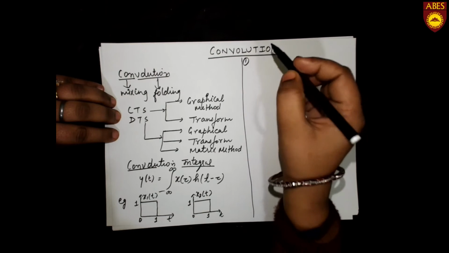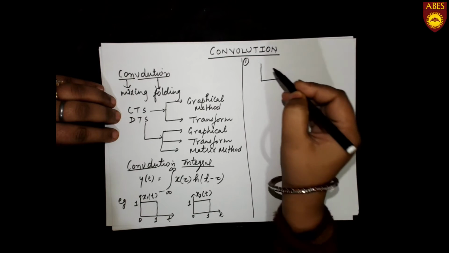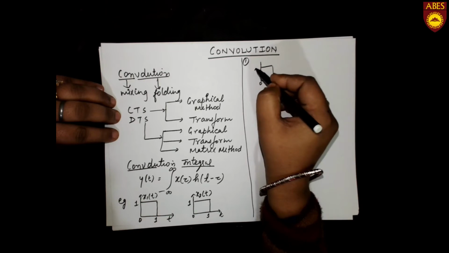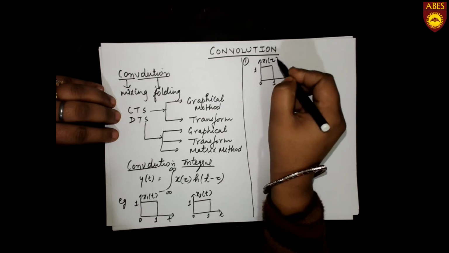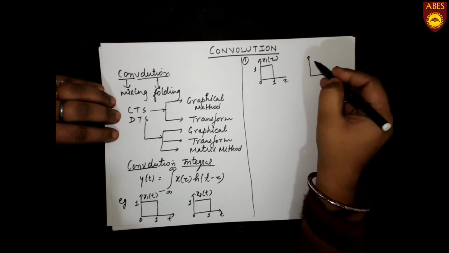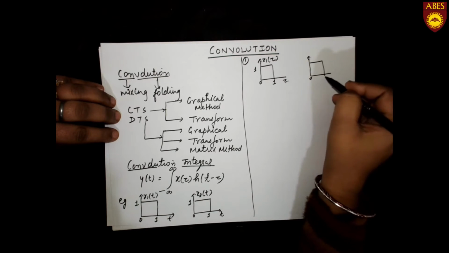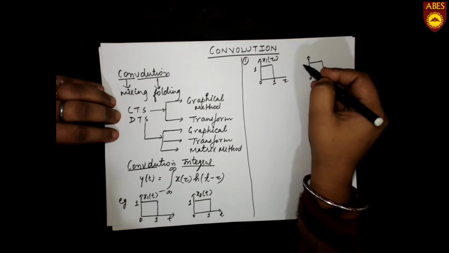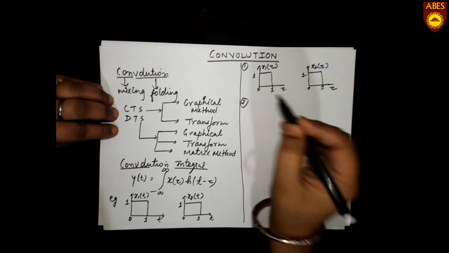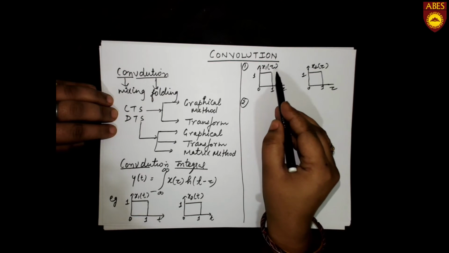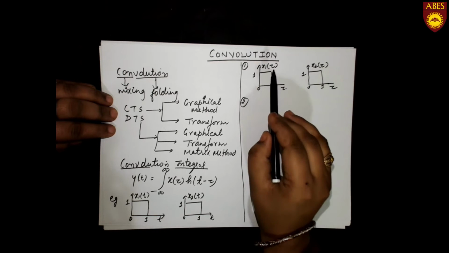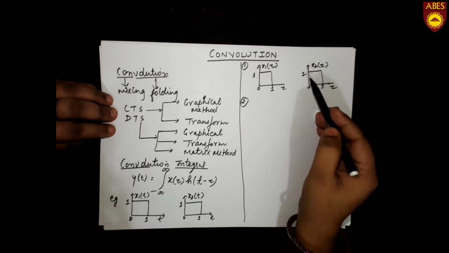So the first step is to convert the scale. We convert the scale from t to tau. Now the second step is to assume the first signal as x1(tau) and the second signal as x2(tau). Keep one signal as it is and fold the second signal.